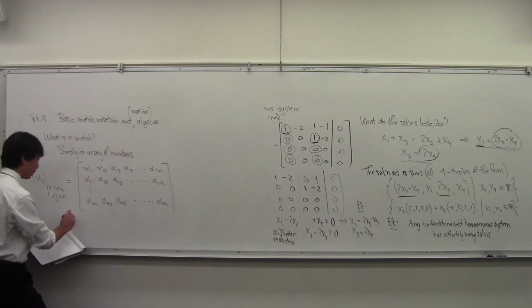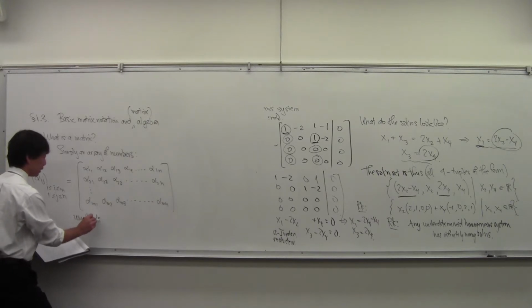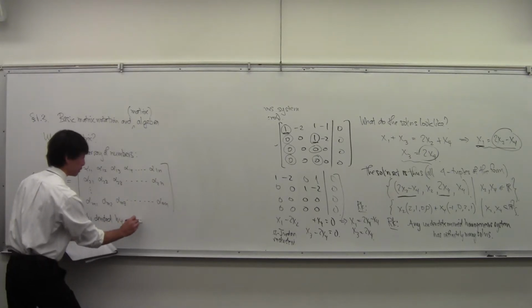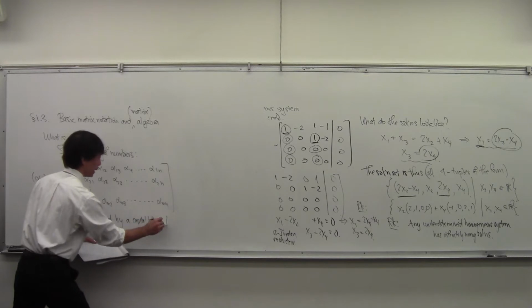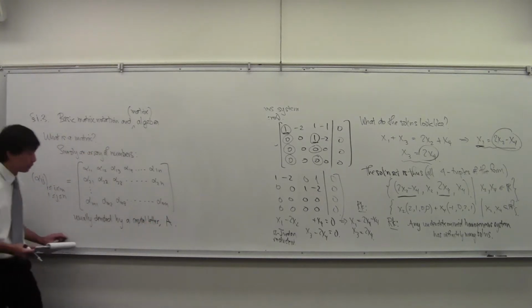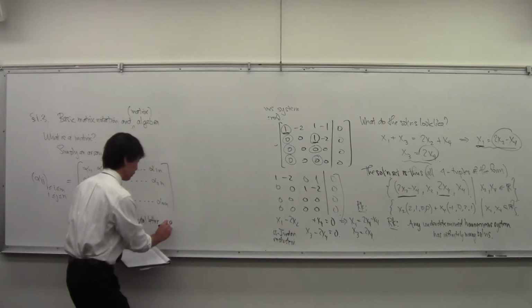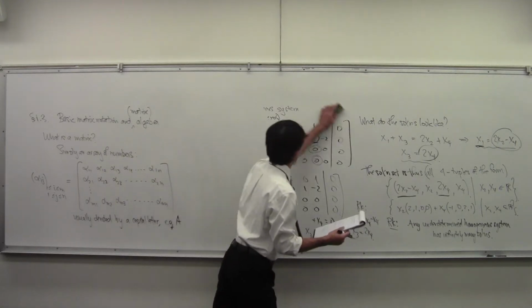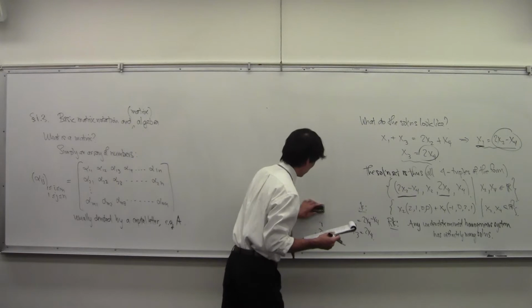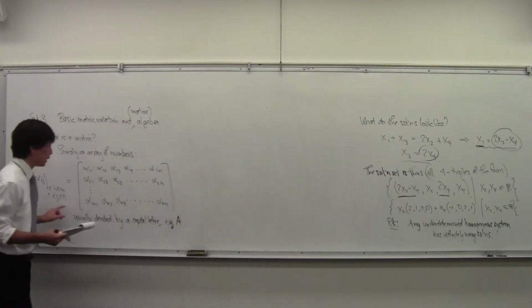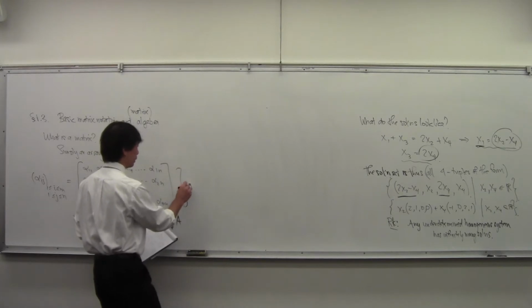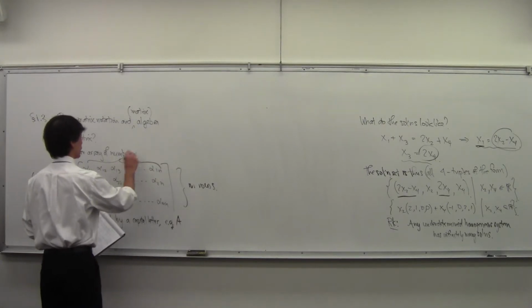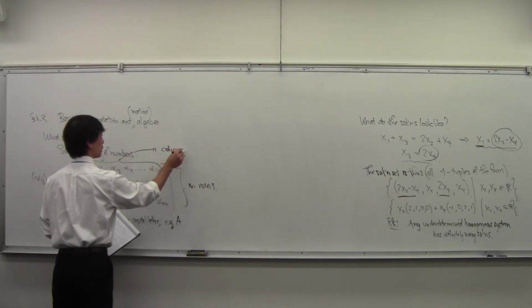And we usually denote this by some capital letter, for example, A. Okay, so this one, you see that it has m rows and n columns, right?